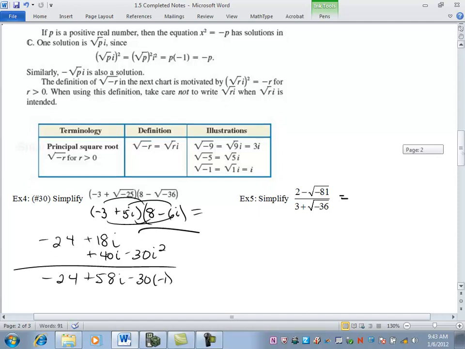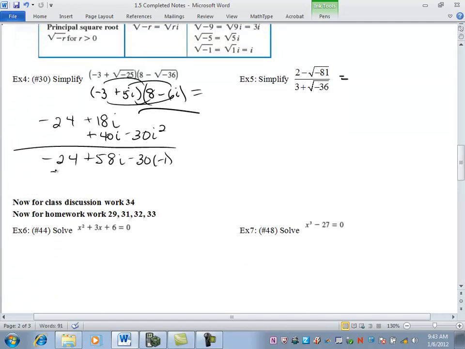Well, we think about what this is, negative 24 plus 58i plus 30. Remember what we've got is 6 plus 58i. And so we remember to write our answer in standard a plus bi form. The real part first, the imaginary part second.